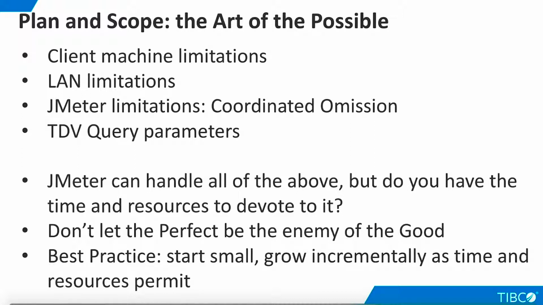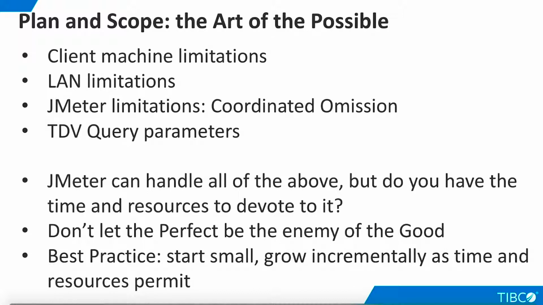For example, JMeter runs each simulated user on a thread, and it is susceptible to an issue known as coordinated omission. If a thread cannot complete a task before its next task is scheduled to begin, it simply skips the next task, which means that the total load will be smaller than expected.